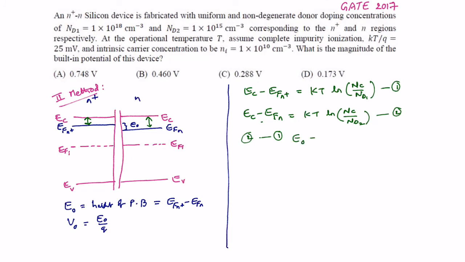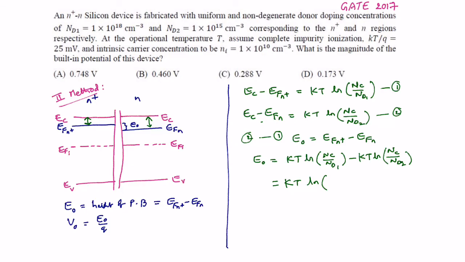So you are going to get E naught is equal to EFN plus minus EFN from these two, and the E naught can be written KT natural logarithm of NC by ND1 minus KT natural logarithm of NC divided by ND2, and we know logarithmic rules, so you can write it as KT natural logarithm of NC divided by ND1 multiplied by ND2 divided by NC.